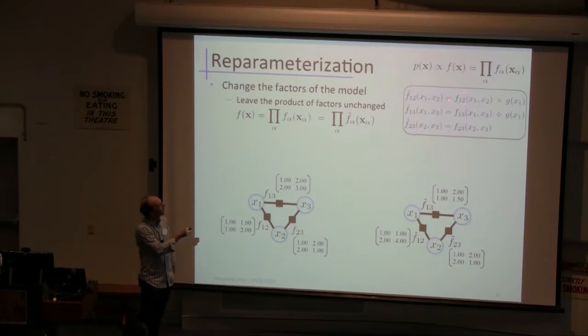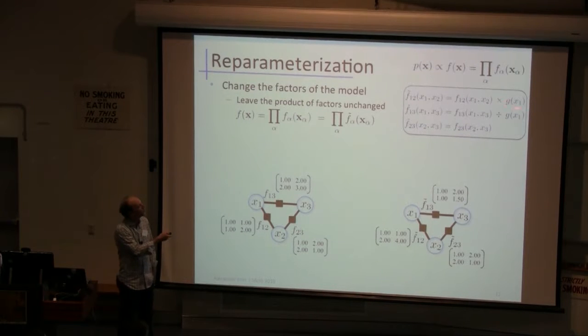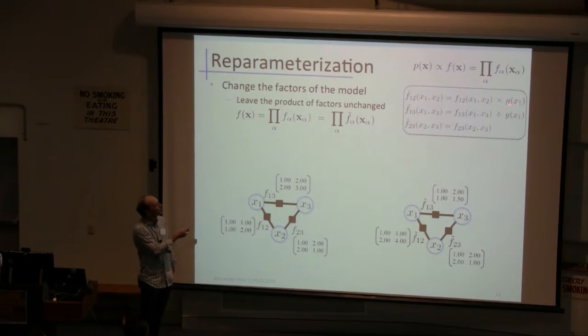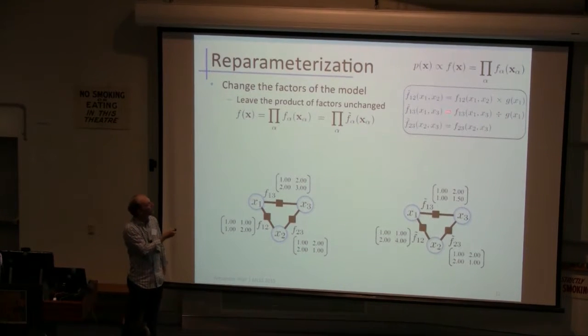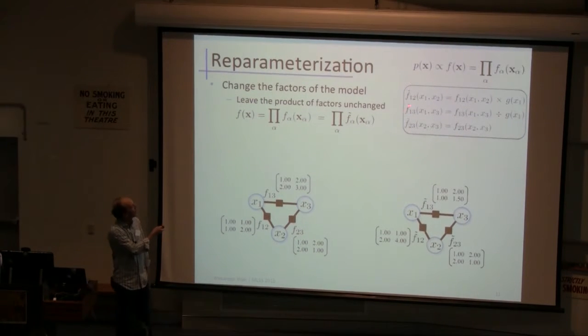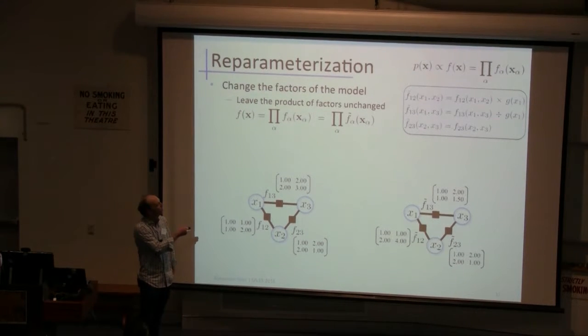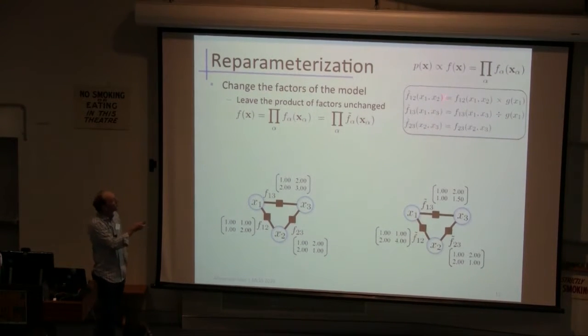So perhaps I'll multiply the factor over 1, 2 by some new function, some arbitrary function, g of x1. And then I'll just divide away g in a different factor. So I have 2 factors over x1. One of them I'll multiply by g, and another one I'll divide by g. And so now the product is unchanged.